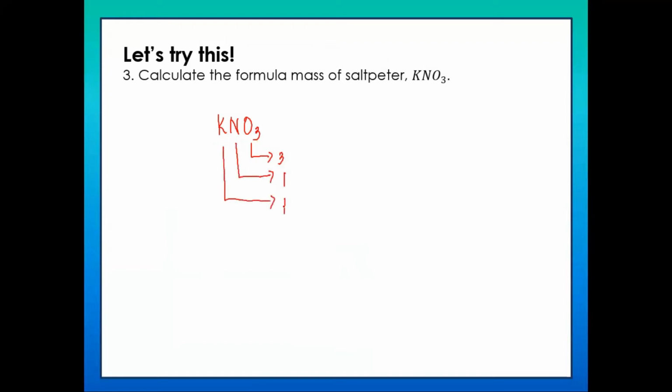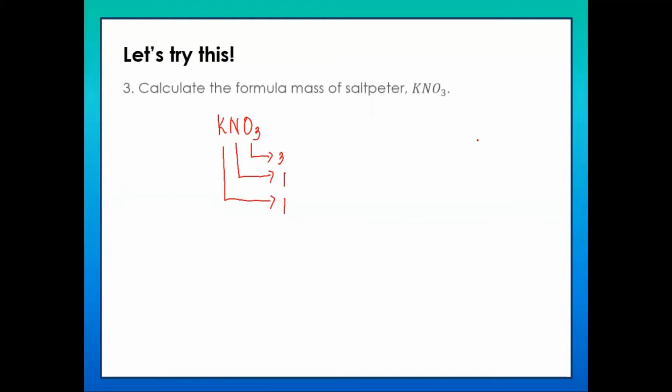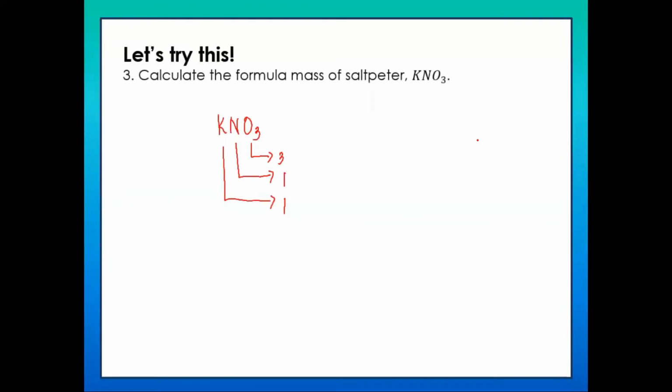Let's look at the periodic table to get the atomic masses: potassium, K, 39.10, nitrogen, 14.01, and oxygen, 16.00. Copy that, and multiply it by the given number of atoms.